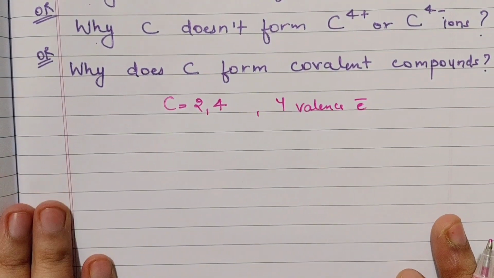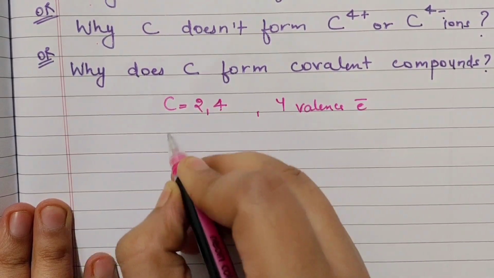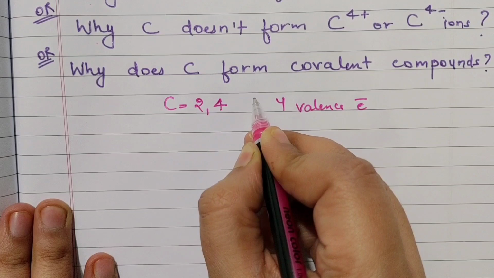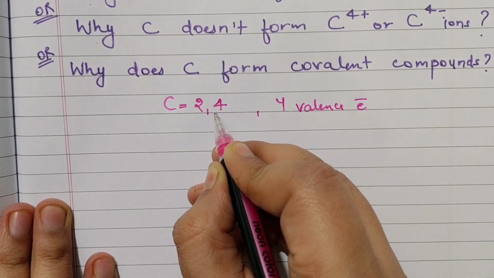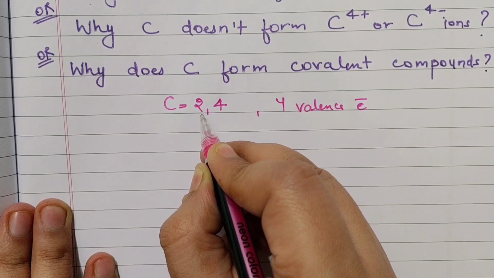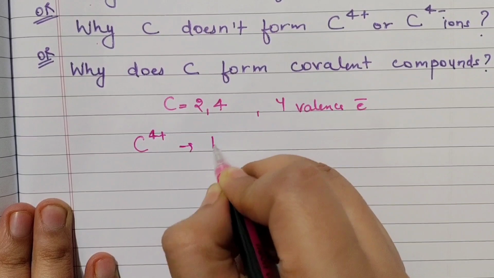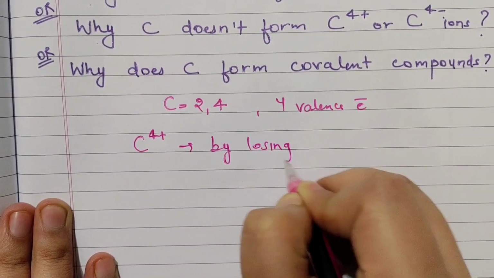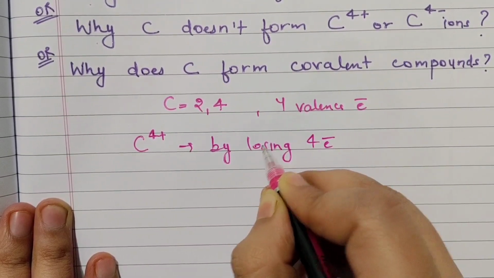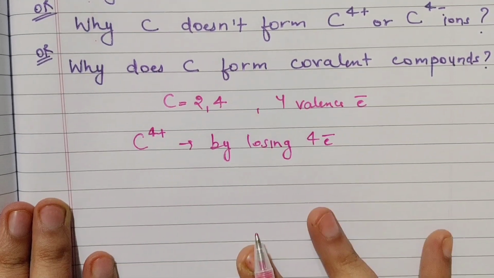Now, to attain stability, it can do 3 things. First option is to lose these 4 electrons. In that case, it would be left with just these 2 electrons, which means a completely filled first shell. That it can do by losing 4 electrons, and in doing so it will form C+4 cation, right?